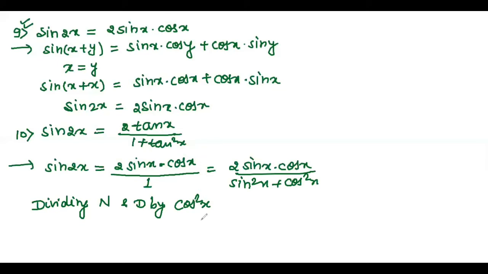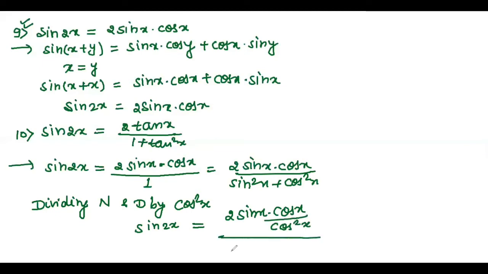So when we are using it in right hand side, what we are getting: 2 sine x into cos x by cos square x, by sine square x by cos square x plus cos square x by cos square x.